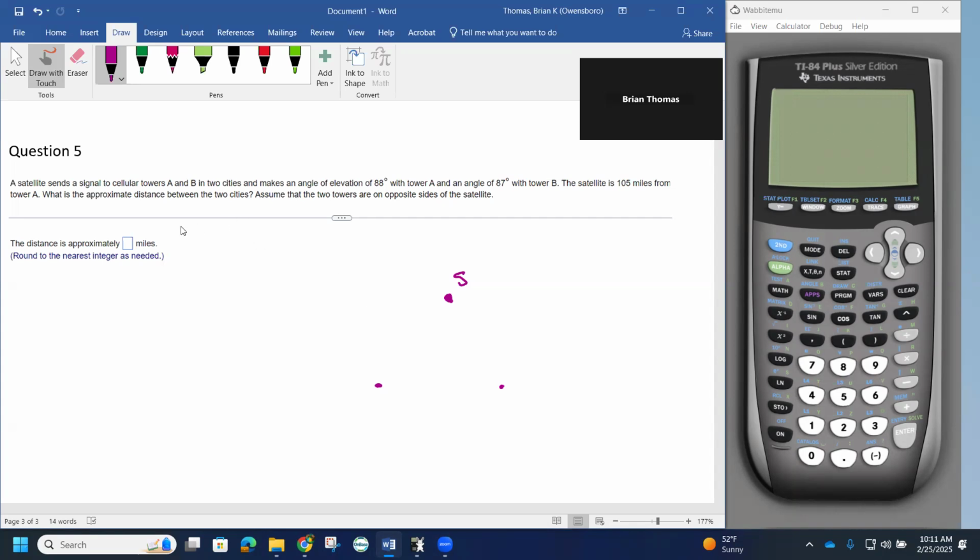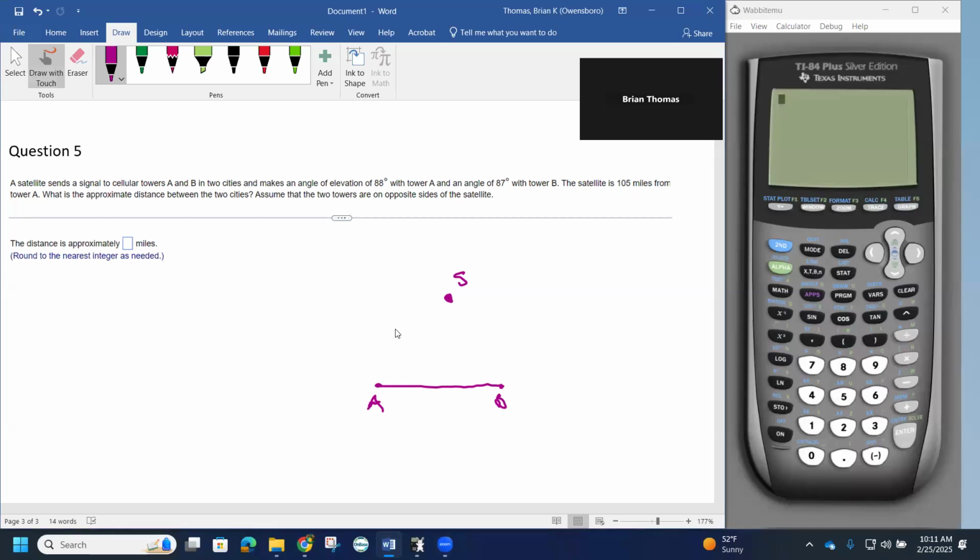The question is, what's the approximate distance between the two cities? If this is town A with tower A located there, and this is town B with tower B, what I want to know is the distance between the two towers, which is the distance between the two cities. So this is going to be the unknown.